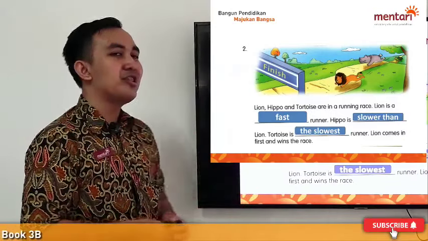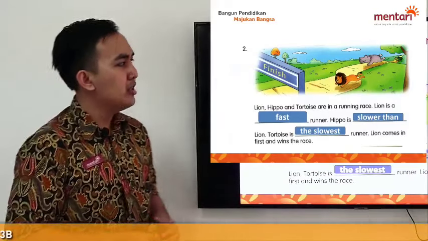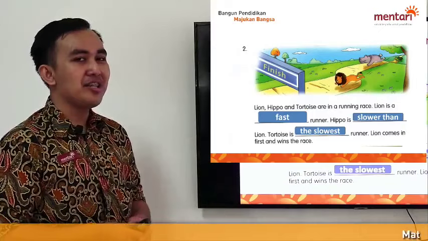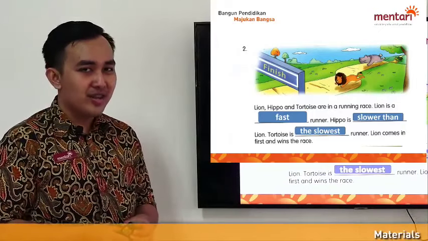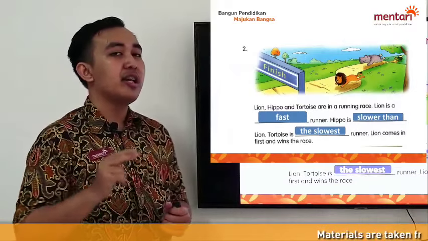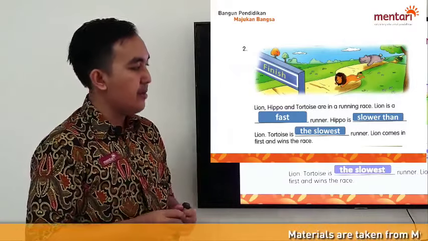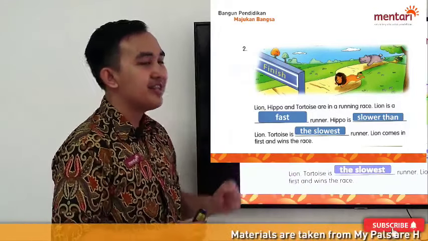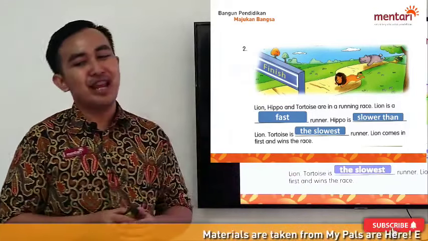And the tortoise itself, well, tortoise is left behind. We cannot say tortoise is a fast runner, I guess, in here, but we can say tortoise is the slowest animal or the slowest runner. So the lion still comes in and wins the race.